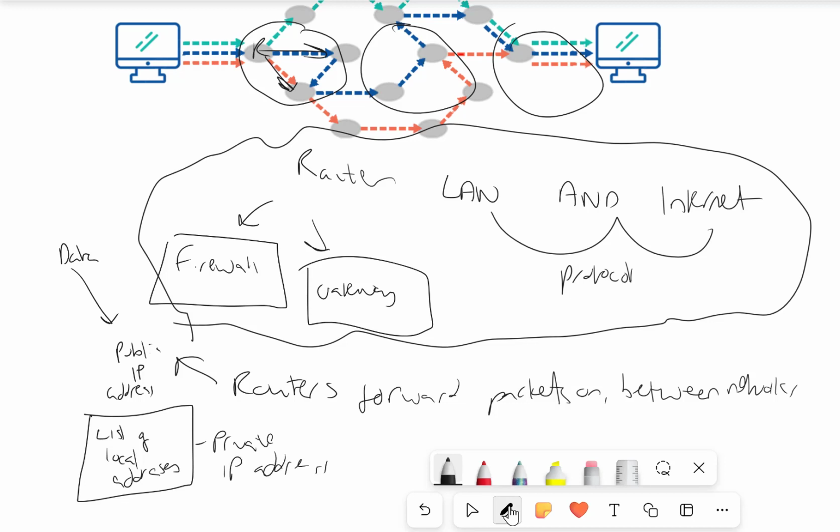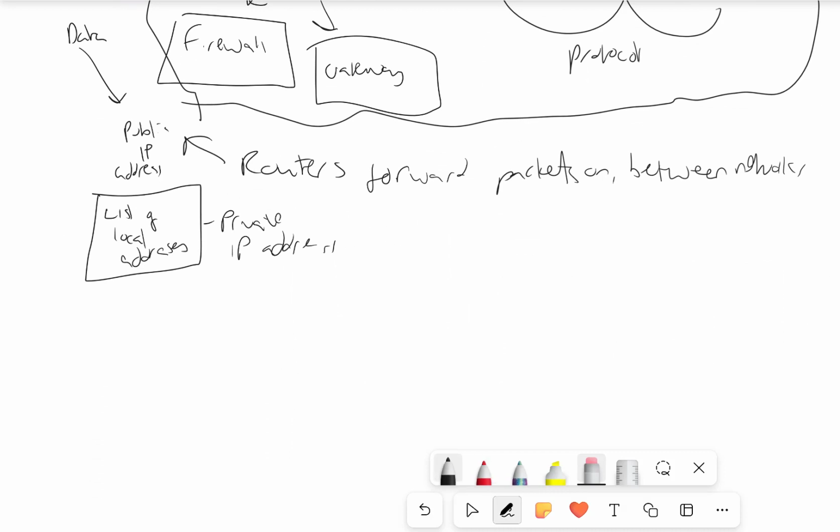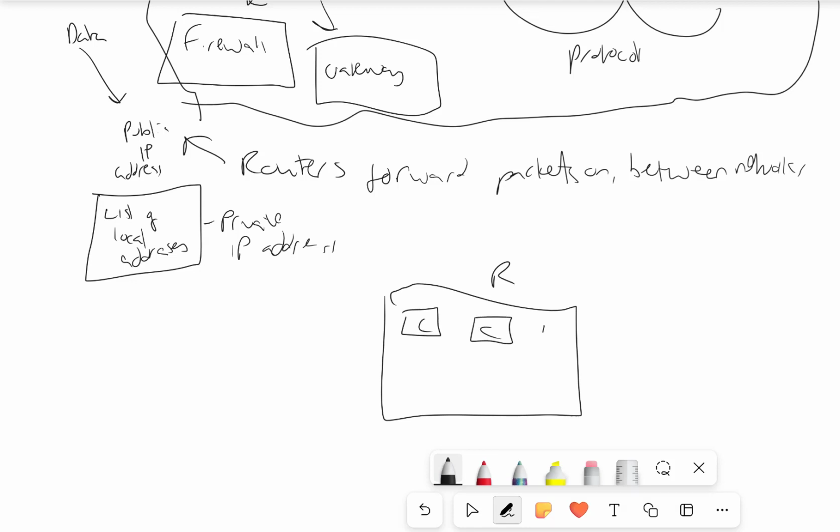So let's take a classroom. Give me a second, I'll mock this up. We've got a classroom, we've got a router for the classroom, we've got computer, computer, computer. Each one has their own private IP address. That means that no one on the outside will be able to communicate with them.